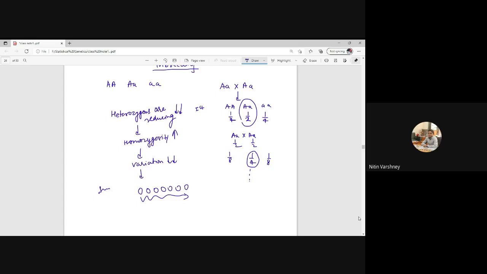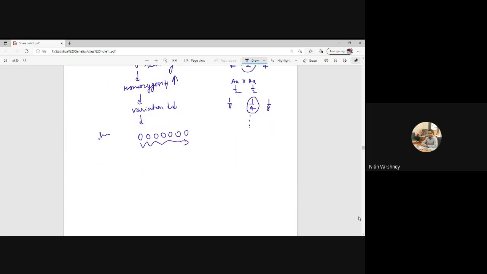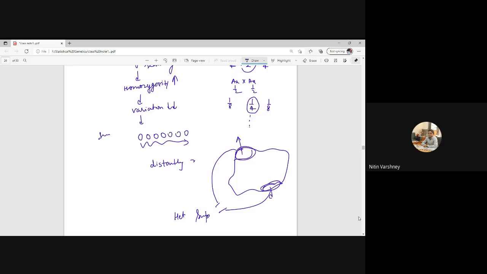That is why we say that if the parents are distantly related, meaning from very different areas, suppose one parent is from this part and another parent from that part, there will be more variability in their progeny. So that is heterozygous superiority, and superior progeny or superior offspring will be there.